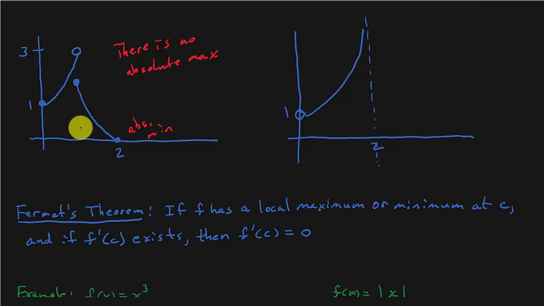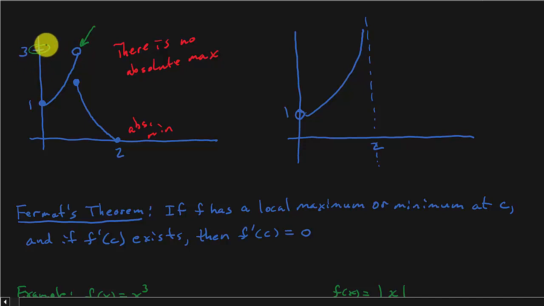Could we have both? Yeah, I'm sure there's a situation where you could have both. But this one you don't, because I know you may be thinking, well, look at that point. Isn't that an absolute maximum? No, because this value here does not include 3.